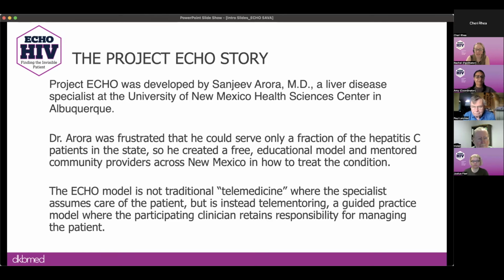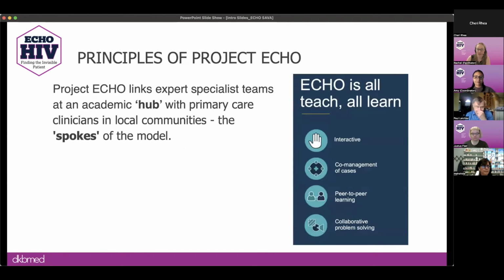So the model is not traditional telemedicine where the specialist assumes care of the patient, but is instead telementoring, which is more of a guided practice model where the participating clinician retains responsibility for managing the patient. Echo really is all teach, all learn.